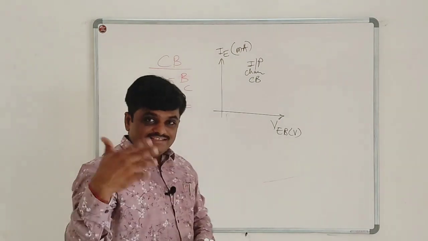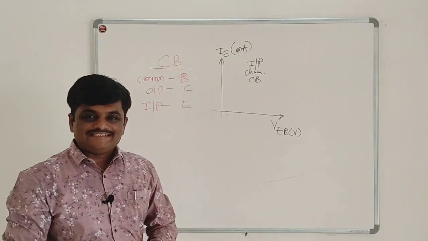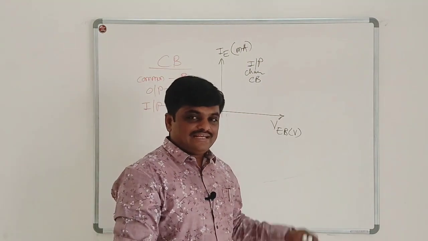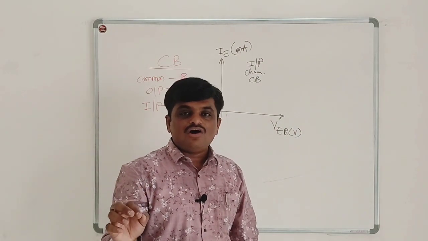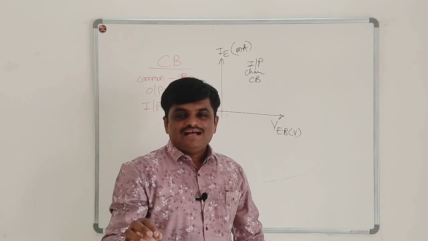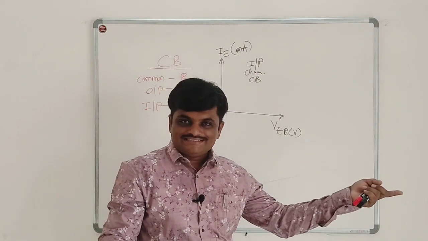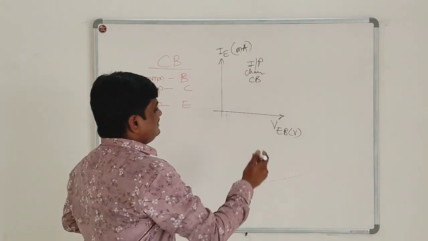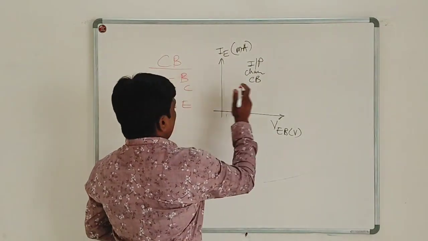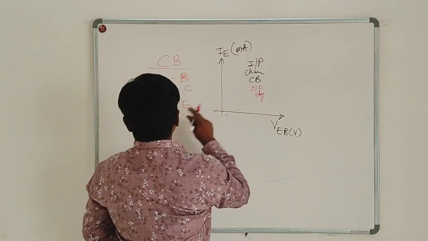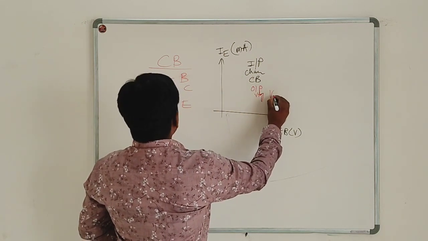So here you'll get different input characteristics for different sets. These are drawn at constant output voltage. So here the output voltage in common base configuration is VCB.